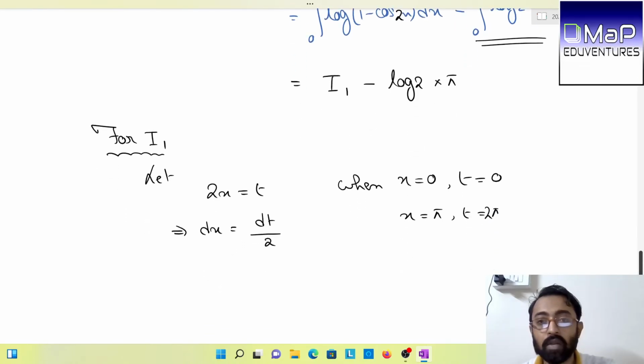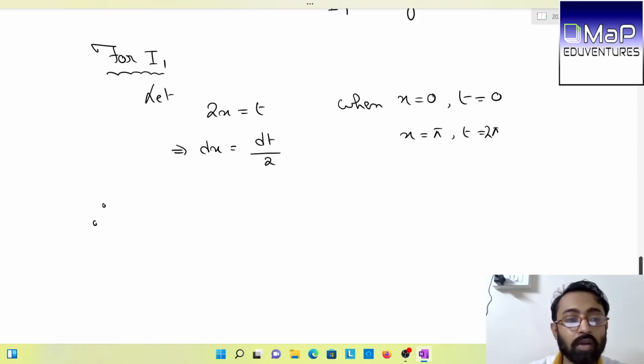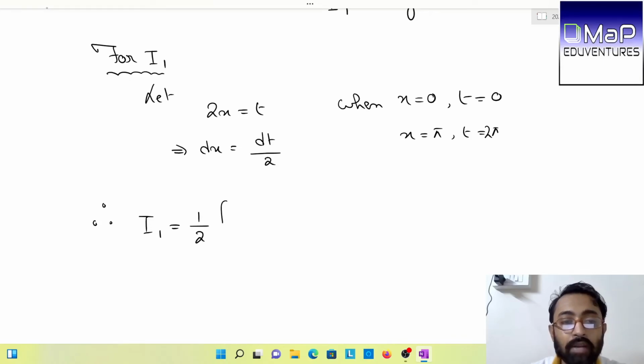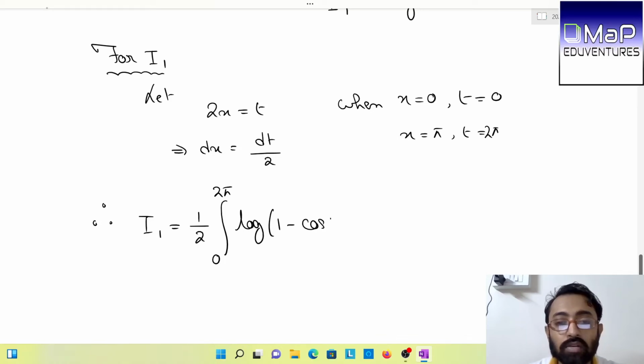Okay, now let us substitute that. Therefore I1 equals to half, from dt by 2 we are getting half, 0 to twice pi log of 1 minus cos t dt.